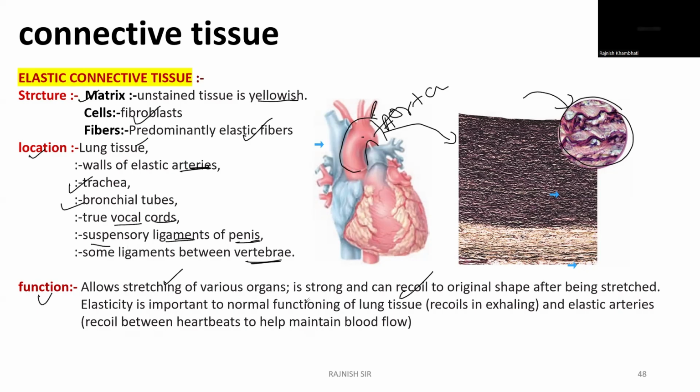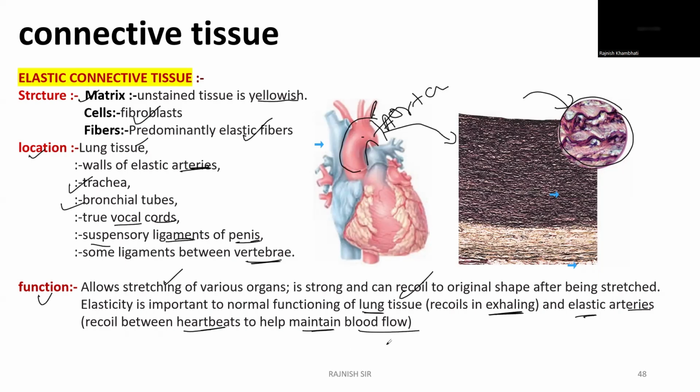Elasticity is important to the normal functioning of lung tissue because it can recoil during exhaling, and elastic arteries recoil between heartbeats to help maintain blood flow. We know our heart is going dhak dhak. When it is pumping the blood, that is the sound we normally hear.